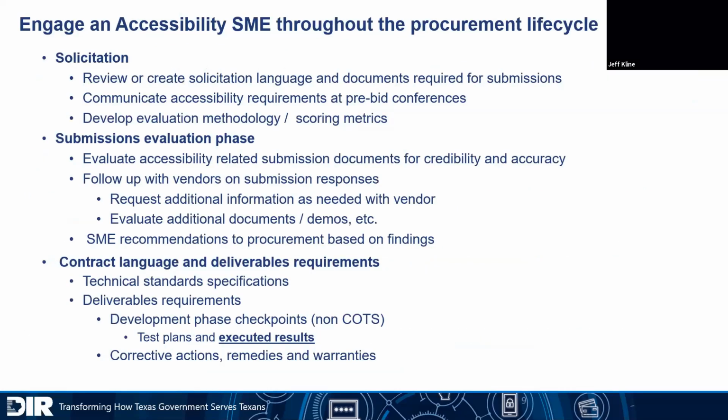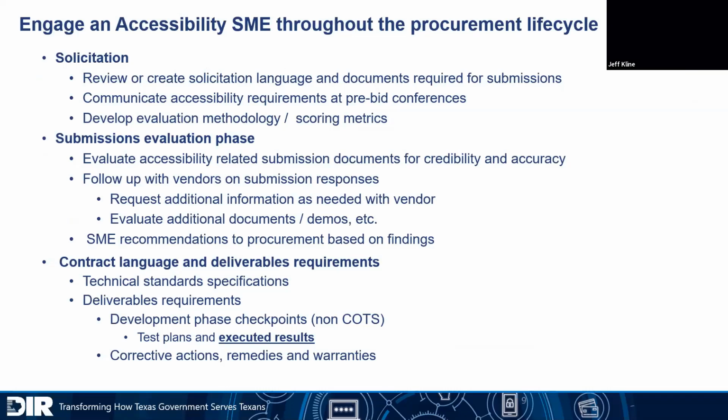So how do you make sure that you're buying products that are as accessible as can be, or at least basing your decisions on accurate documentation provided by vendors? Well, the key thought there is engage an accessibility subject matter expert throughout the procurement lifecycle, right?